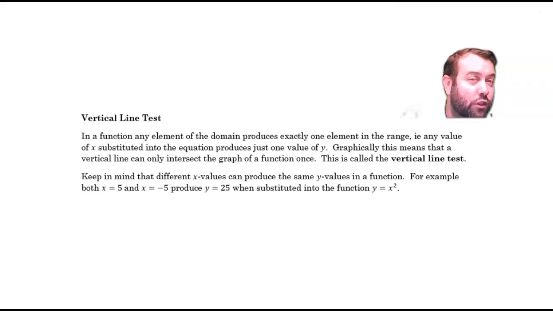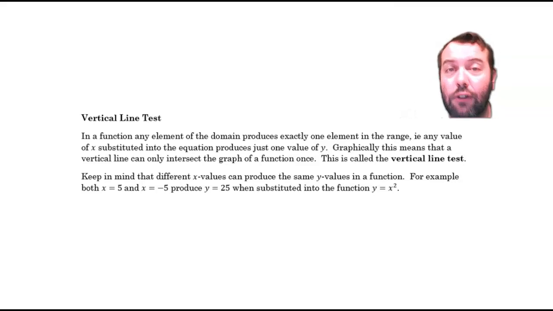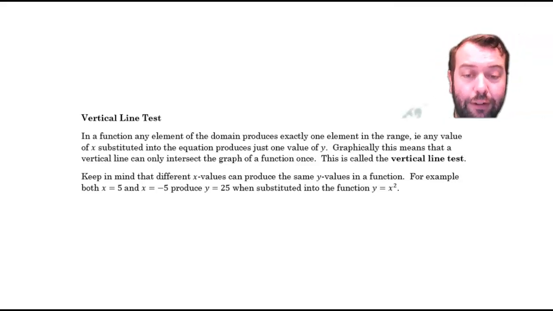And that's not what functions do. One number in, one number out is how functions work. So, if my vertical line cuts the graph in more than one place, we say it fails the vertical line test. If a vertical line cuts the graph in more than one place, not a function.